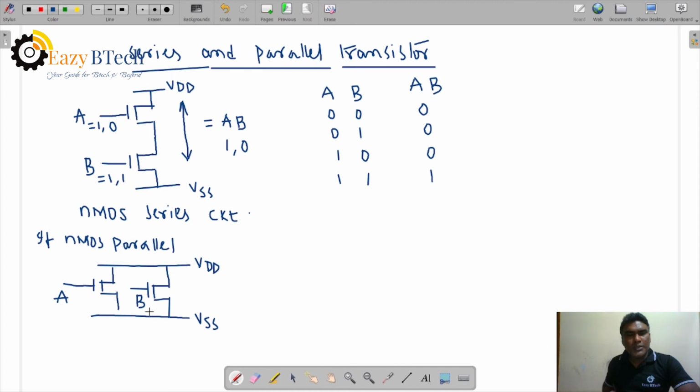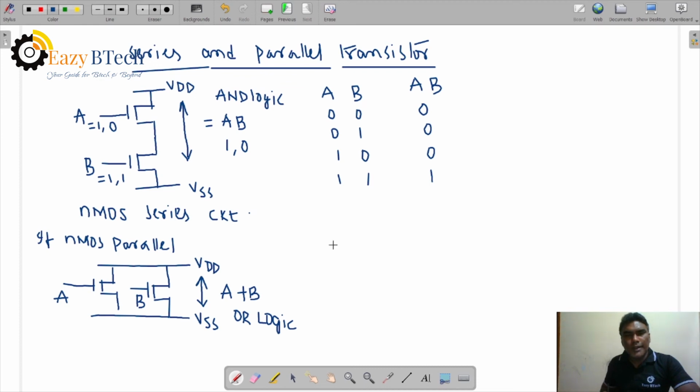So the NMOS transistors are parallel. The logic of the circuit is A plus B. It is OR logic. In series it is AND logic.